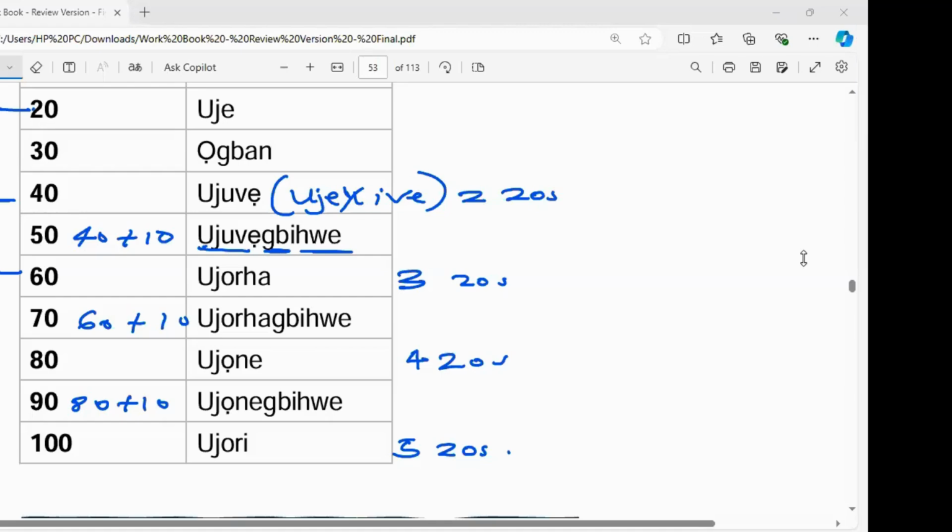Ujuve Bikwe. Bravo. Yes. Ujuve Bikwe Bovo. Ujuve Bikwe Bive. Ujuve Bikwe Bera. Ujuve Bikwe Bene.